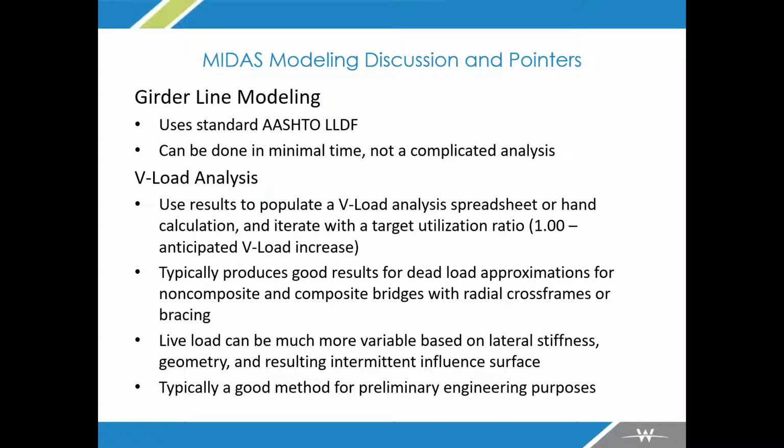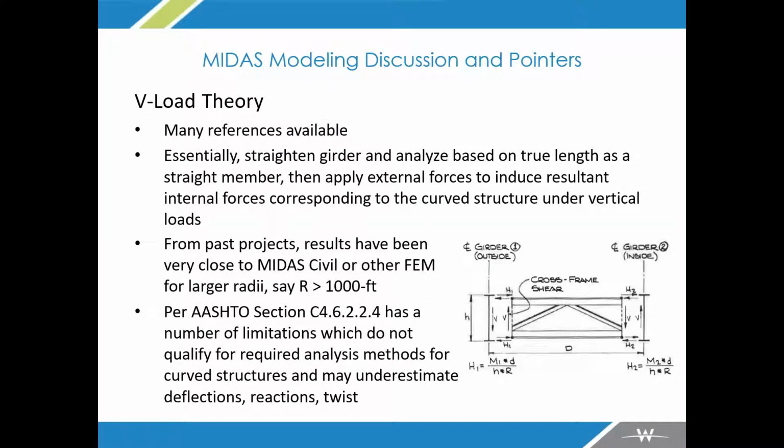Now, when we're doing load rating, we really want to get deeper into it than that. But it may be an option if you get into a situation where maybe a 1D is all that's warranted by code, but you want to incorporate some of these effects. Maybe V-load is a way to do that for you. And the theory here is that you're trying to capture that lateral moment as force couples. You can see that on the figure on the right.